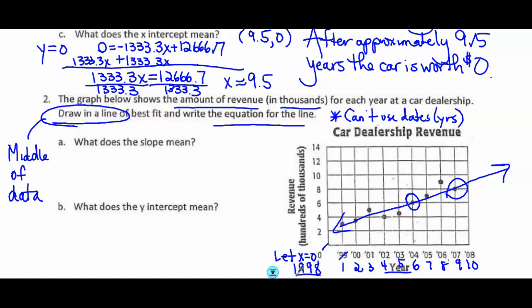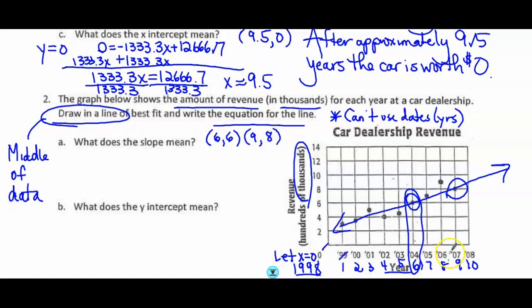So when you pick your points, I'm going to pick the ordered pair right here, 6, 6. And this time, I'm going to do it just as the number 6, even though it says 6,000. You can do it that way. And the second one is the ordered pair 9, 8.